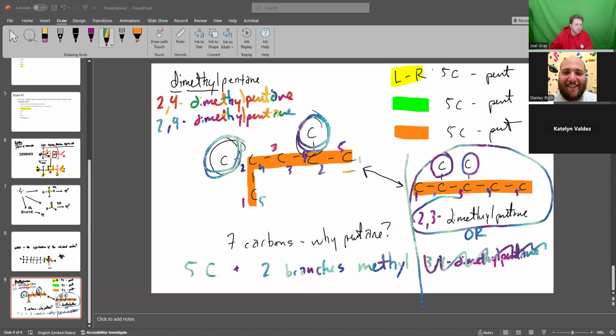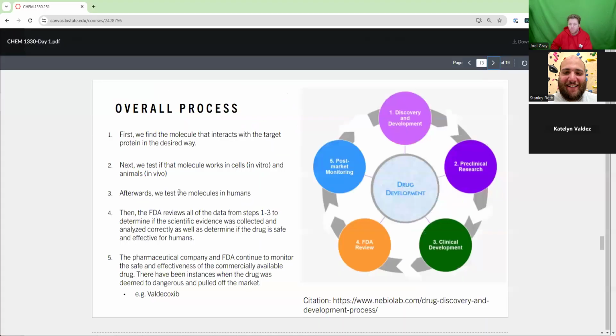Okay, so I'm going to share this slide right here. So the overall process of drug development: the sequence is discovery and development, preclinical research, clinical development, FDA review, and post-market monitoring. Those are the steps of the process that I'm talking about.